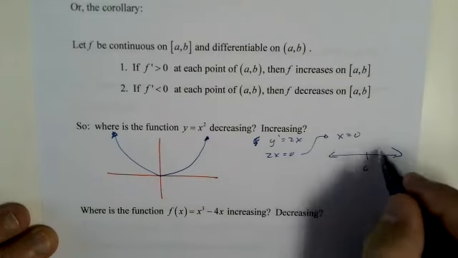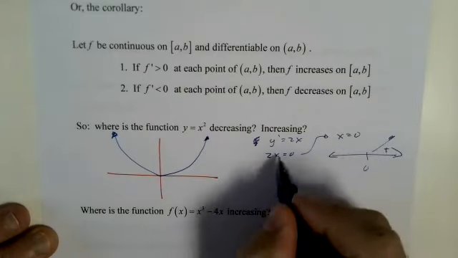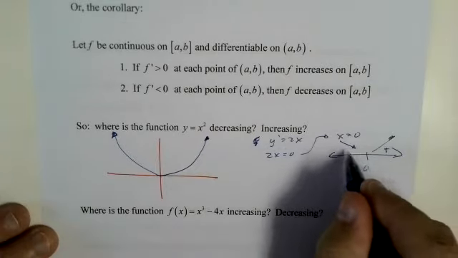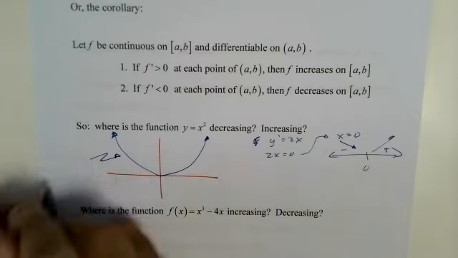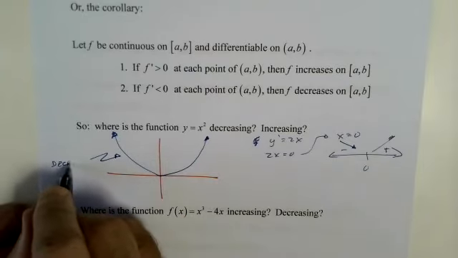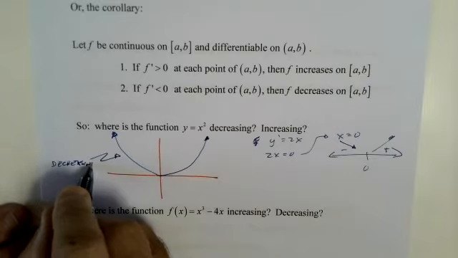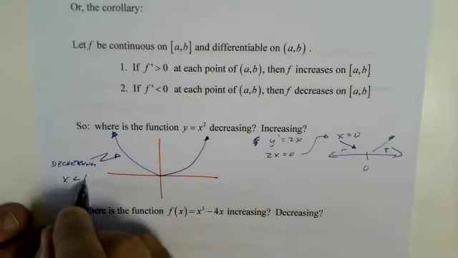Plug in 1 and I get a positive. Plug in -1, I get a negative. So decreasing, x is less than 0.